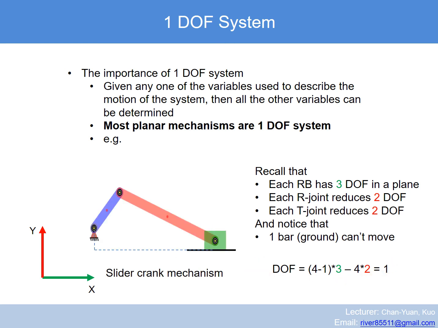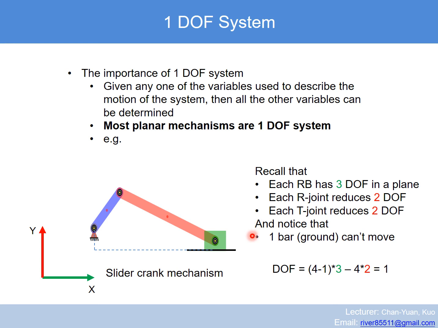Next, for a slider crank mechanism, there will be 3 bars and a slide and 3 revolution joints and 1 translation joint in total. And recall the fact that each translation joint will reduce 2 degrees of freedom of the system, and the ground doesn't move at all.